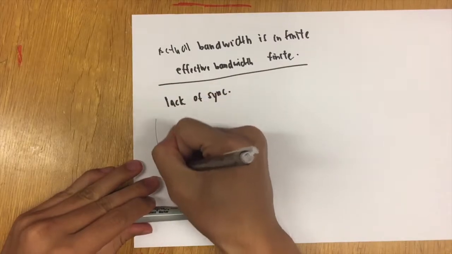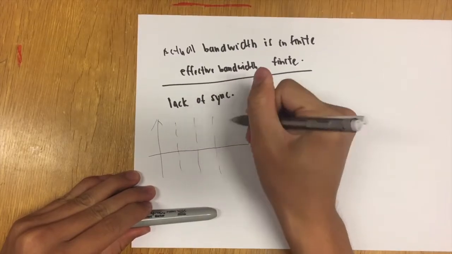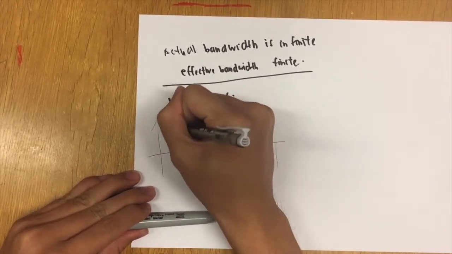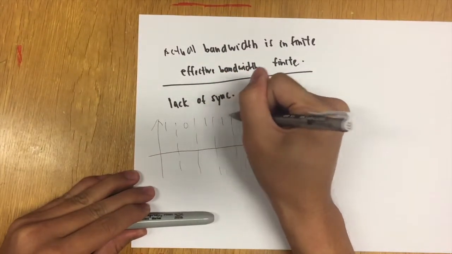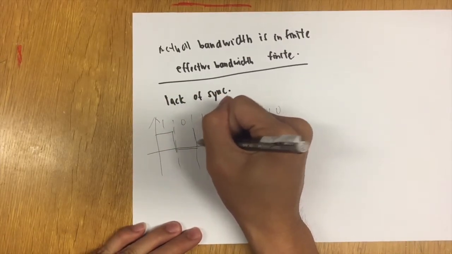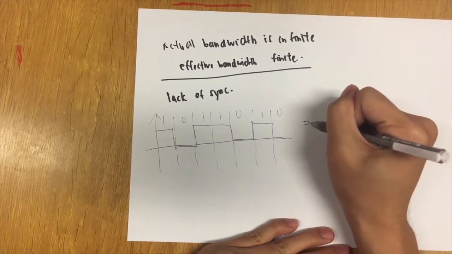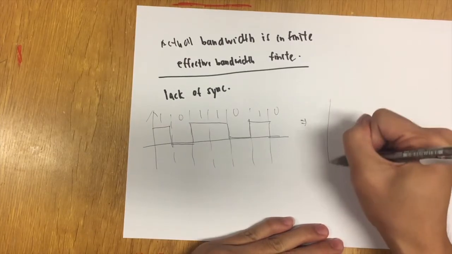Although the actual bandwidth is infinite, the effective bandwidth is finite. When this happens, it will cause lack of synchronization. Lack of synchronization will cause a graph like this. For example, the data is 1, 0, 1, 1, 0, 1, 0. But when lack of synchronization occurs, it will be slow and cause this to happen.